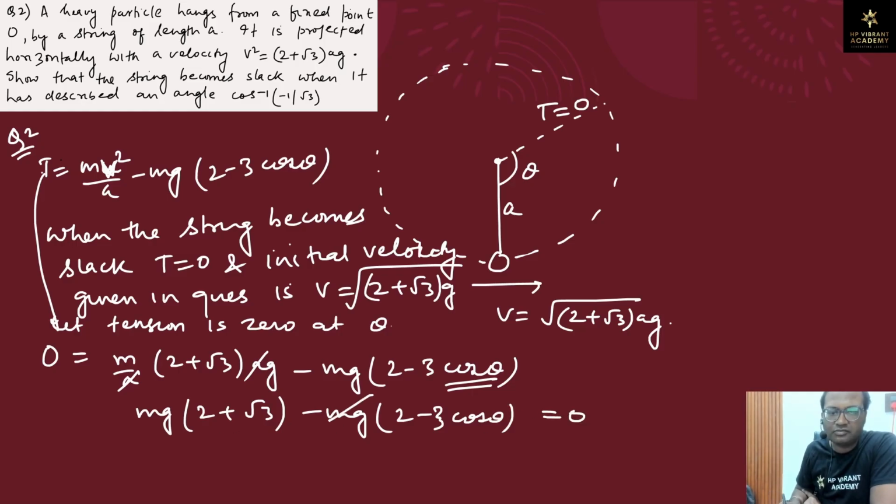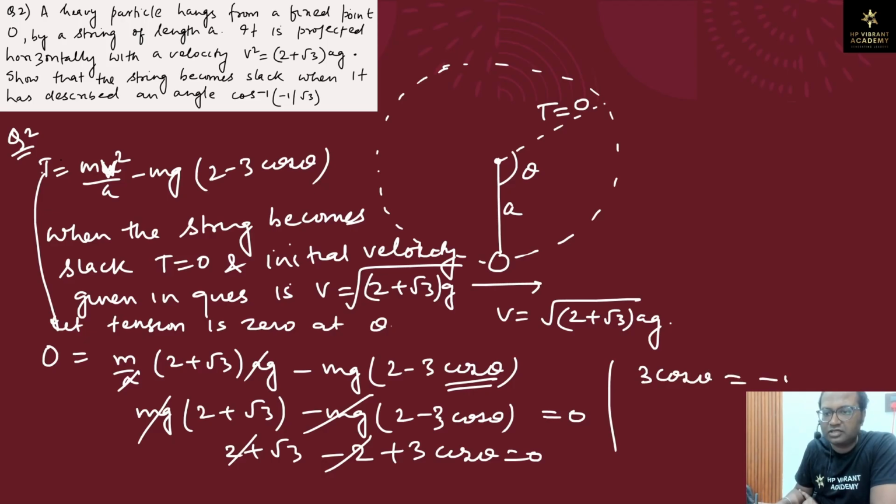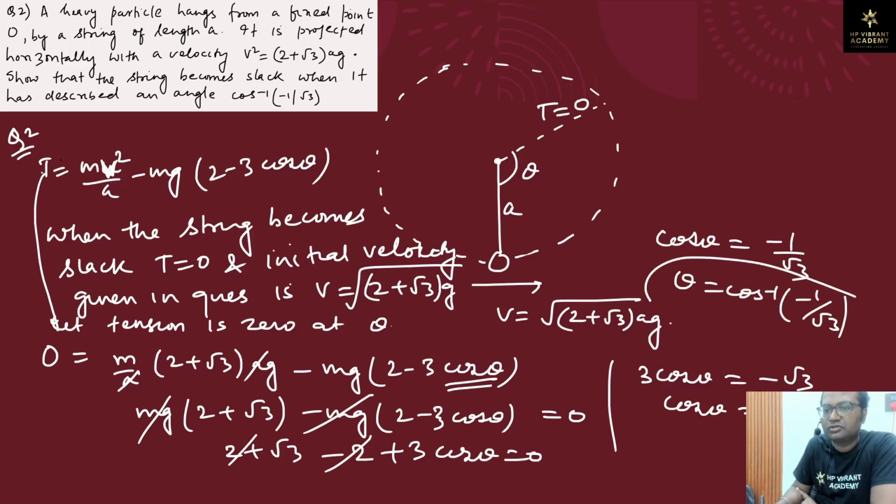From here mg gets cancelled. So 2 plus root 3 minus 2 plus 3 cos theta is equal to 0. The 2 gets cancelled, so we have 3 cos theta is equal to minus root 3. So cos theta is equal to minus root 3 upon 3, that is, cos theta is equal to minus 1 upon root 3. Theta is equal to cos inverse of minus 1 upon root 3.